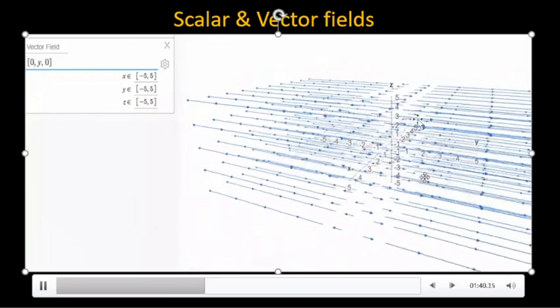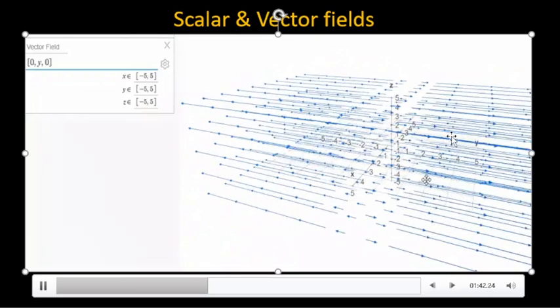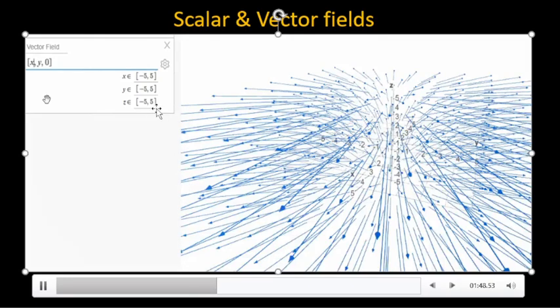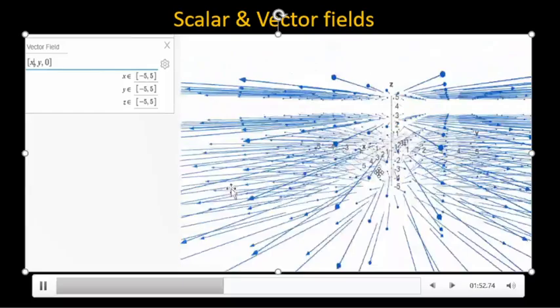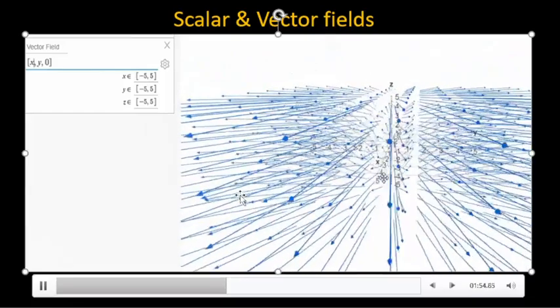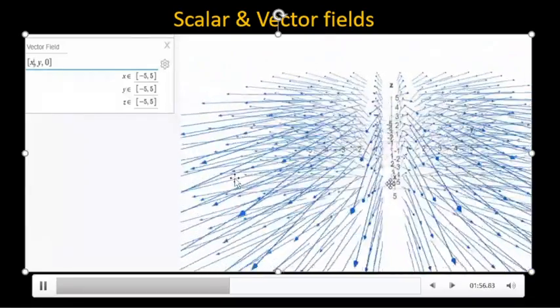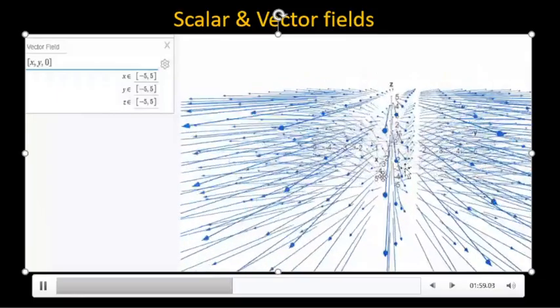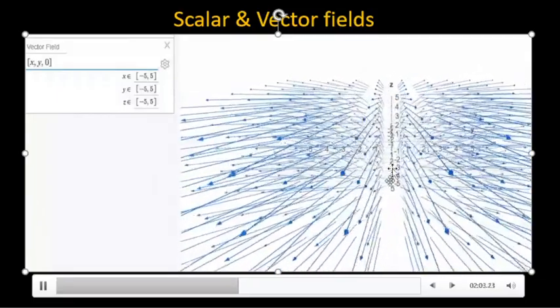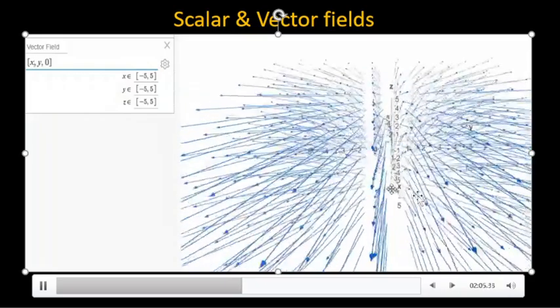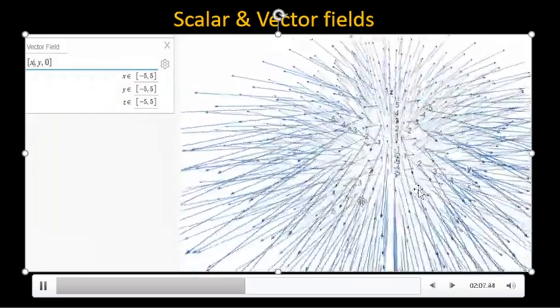Now if I consider x, y, 0, then both sides are increasing. It's a diagonal on the xy plane with 45 degrees, but strength is increasing as we move from the origin.